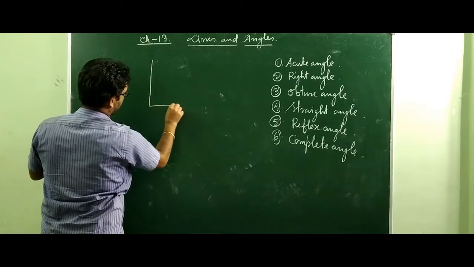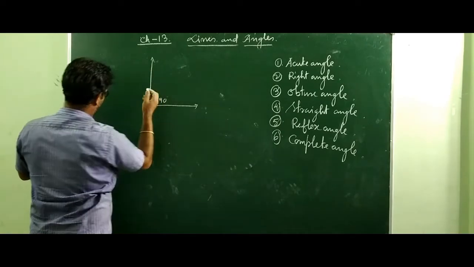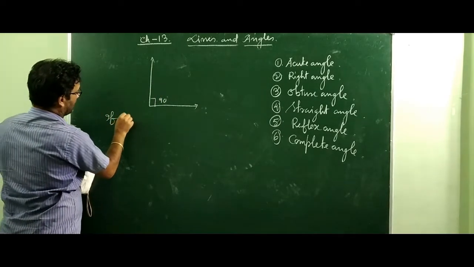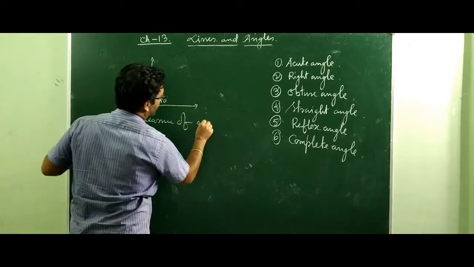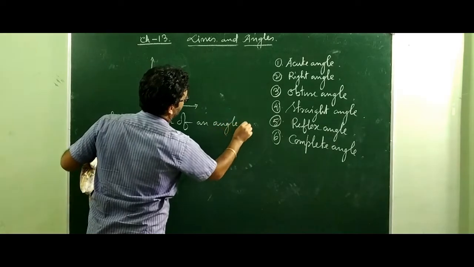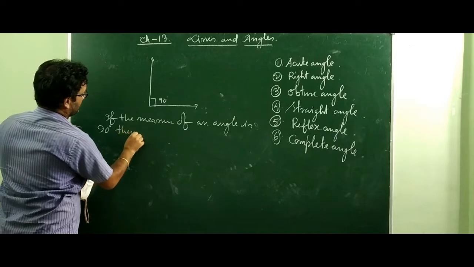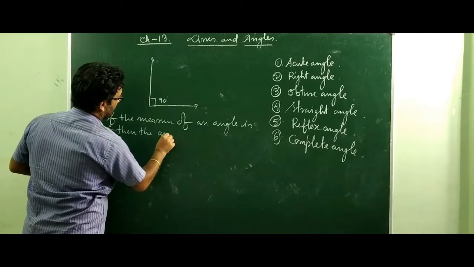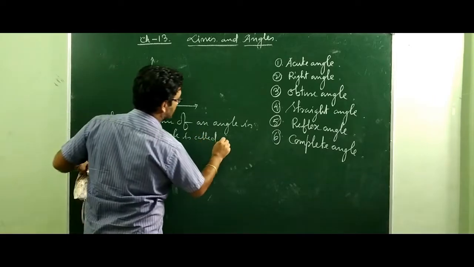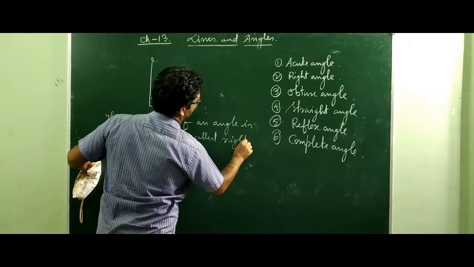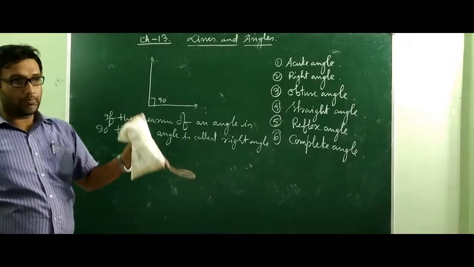And the definition: if the measure of an angle is 90 degree, then the angle is called right angle.